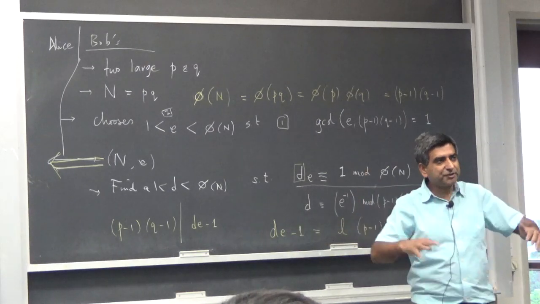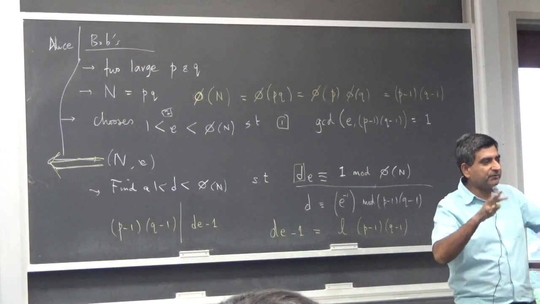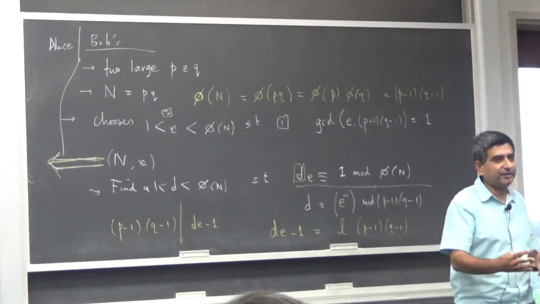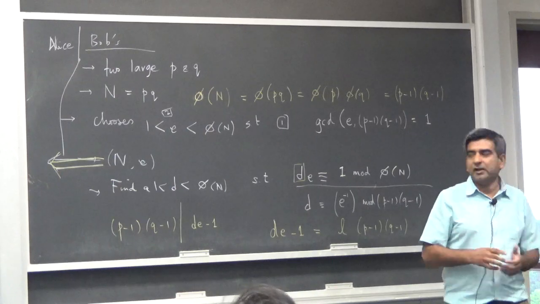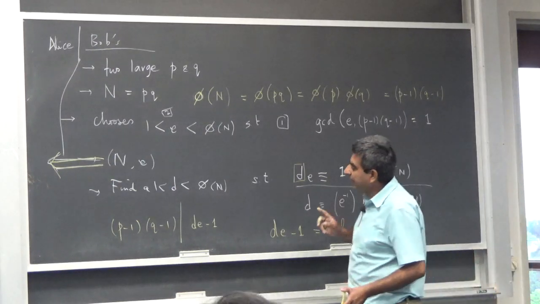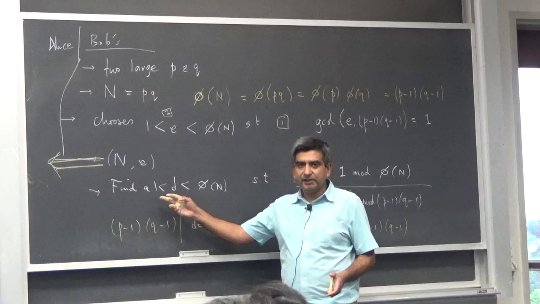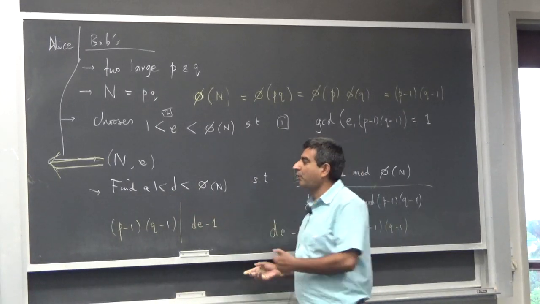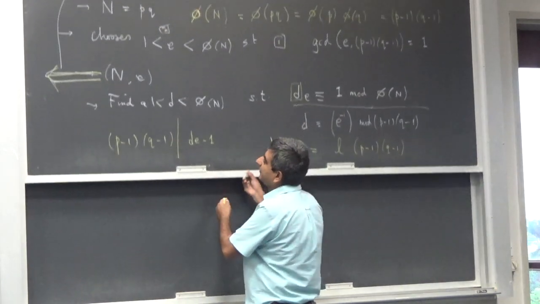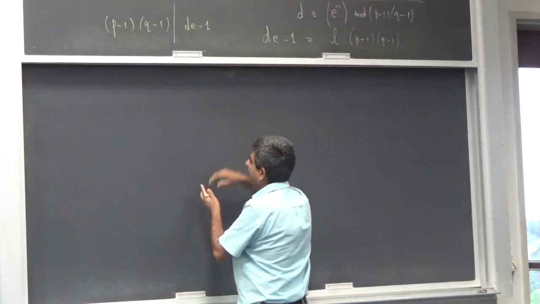So this computational complexity associated with factorization is being exploited here in the RSA cryptosystem. So what Bob has now done is that Bob also has d, everyone has e, and what Bob then does is nothing, he just waits.